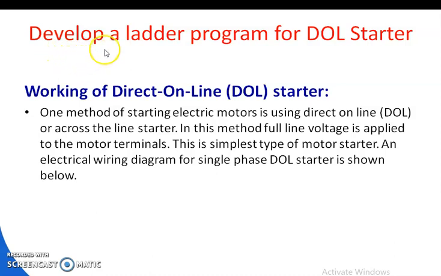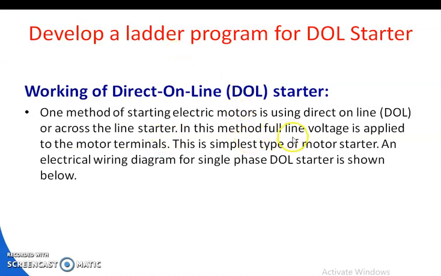Next, develop a ladder program for the DOL starter. So, the working of the DOL starter, or direct online starter. One method of starting an electric motor is using direct online, DOL, or across the line starter.